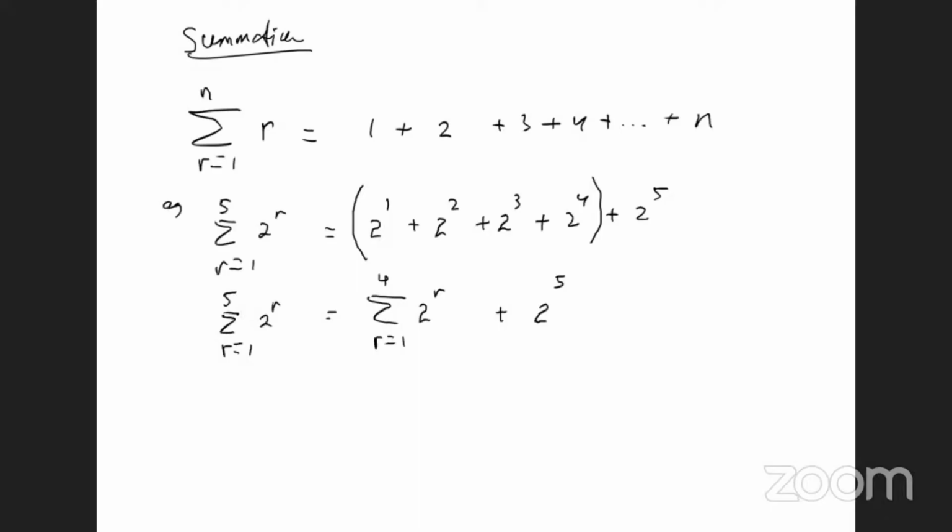So what you're going to see in PMIs is the summation of this plus this term, which is called the k plus 1 term. That's the term right after this.